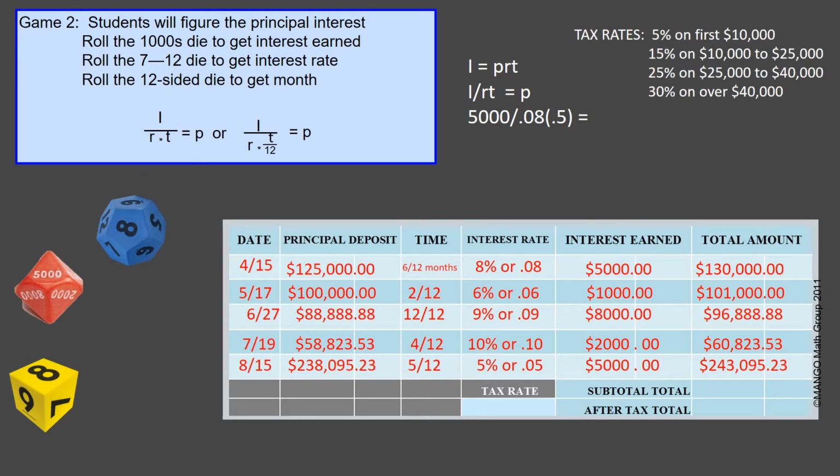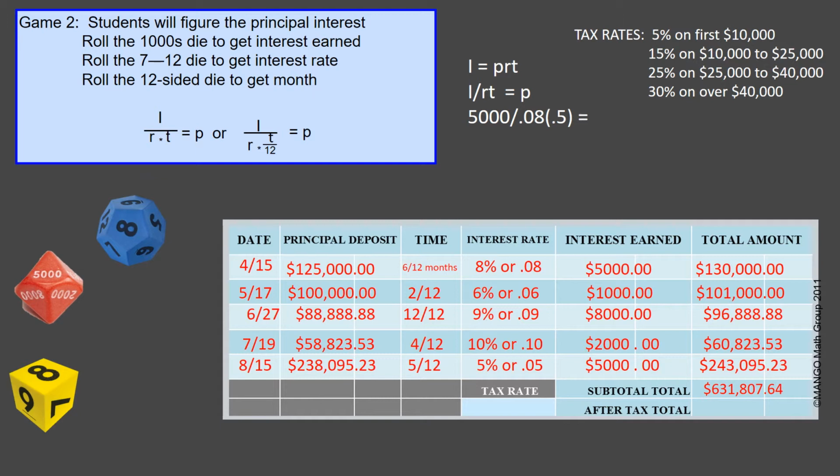So they will do that for the rest of the ledger amounts for each month. The dates on here are incorrect because they went off of the other ones. I just copied the dates down, so disregard the dates. But the amounts are correct. You will figure out what your interest rate is. Obviously, we're going to have a much larger amount of money because the interest we earned is thousands of dollars.